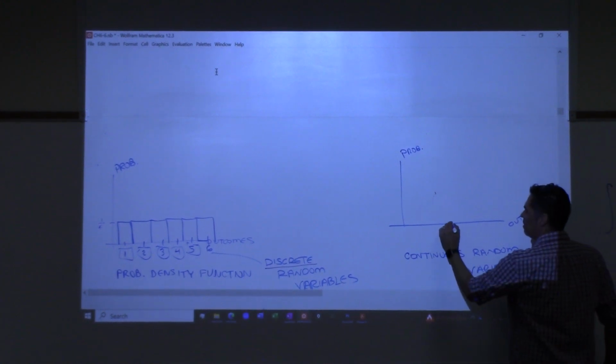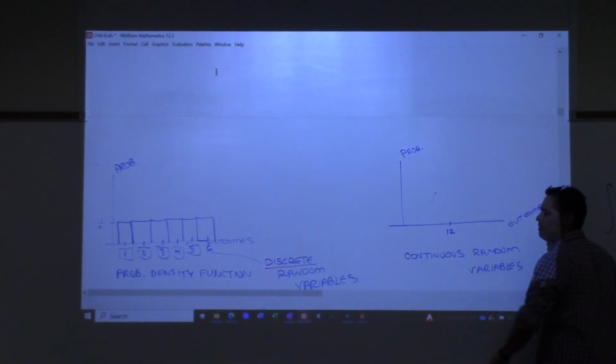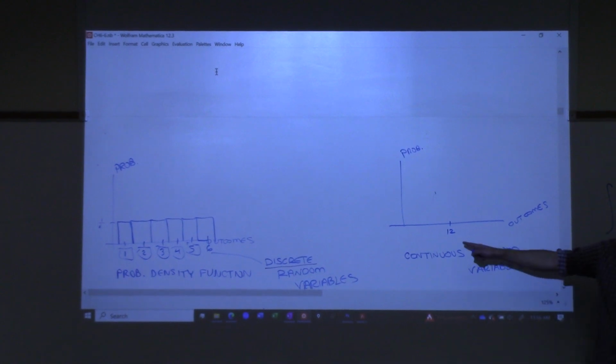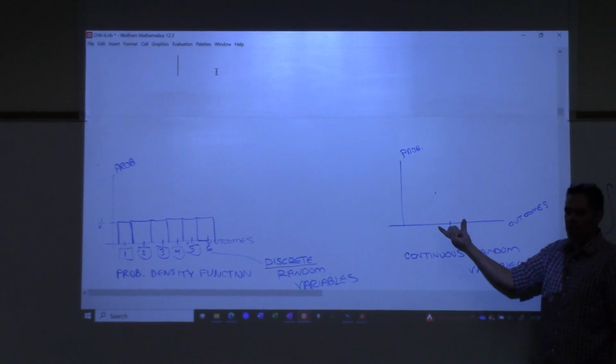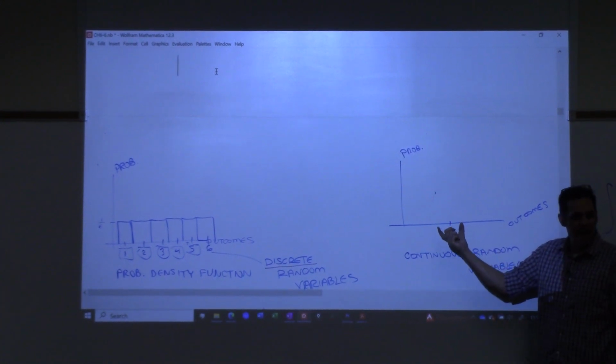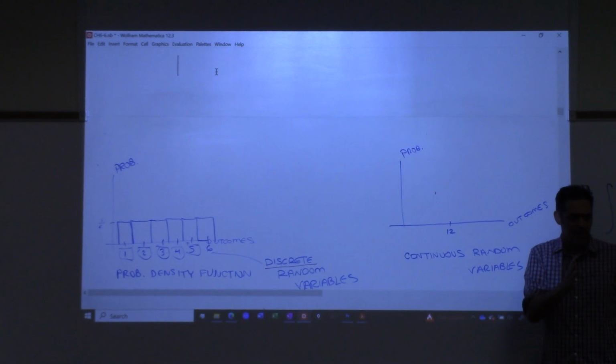What we should expect to see at 12, that's 12 ounces, right? Is that we're probably not going to ever be dead on 12, right? I mean, it would be practically impossible to be dead on 12. That's 12.0000 forever, right? So I'm not going to draw a rectangle here because it doesn't make any sense to measure something to that precision.